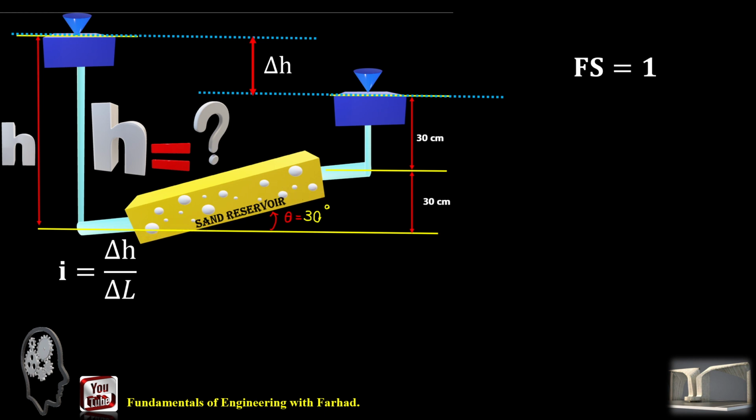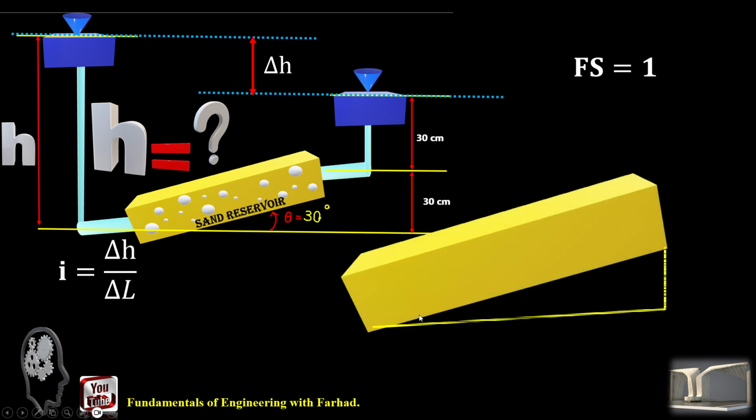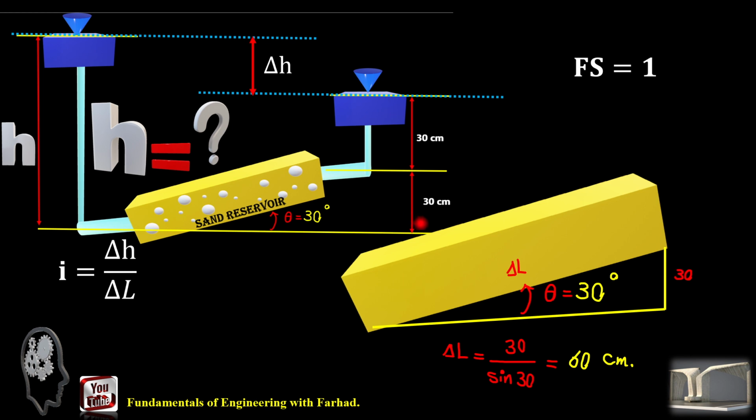If we magnify the sand reservoir, you can easily see the effect of the angle of 30 degrees on our sand reservoir. So if this is 30, which is provided from the problem statement and schematic, delta L, this length which water travels inside the sand, is 30 over sine of 30, which gives us a delta L equal to 60 centimeters.